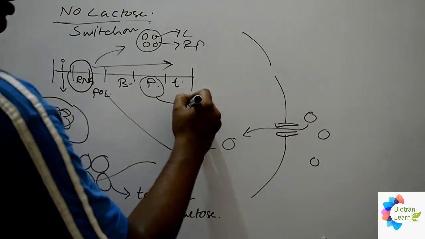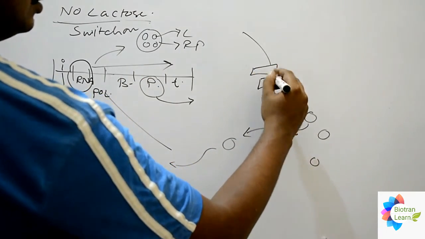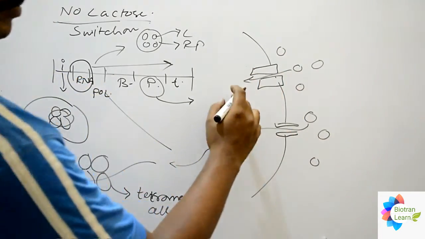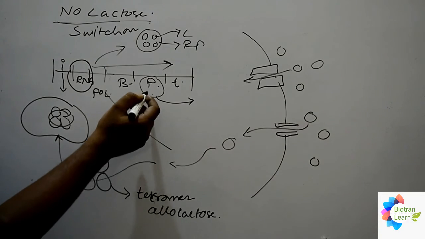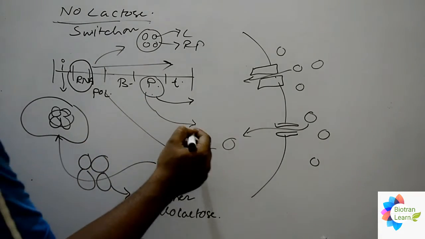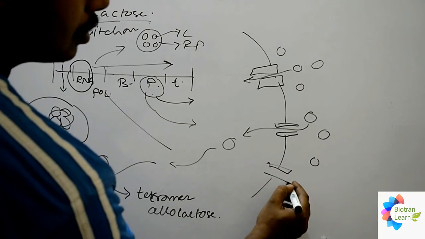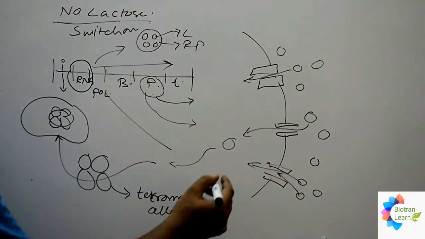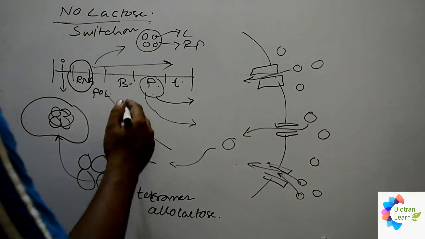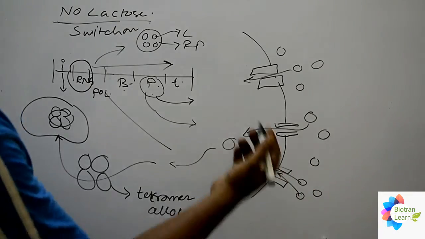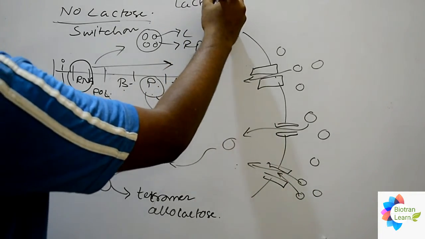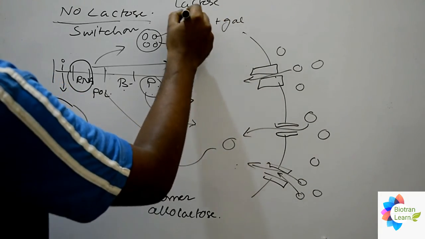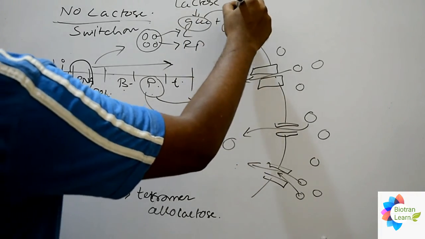The permease will increase the number of entry points in the particular cell. Whenever too many permeases are there, it will open too many gates and too many lactose molecules will come in, and what would happen?